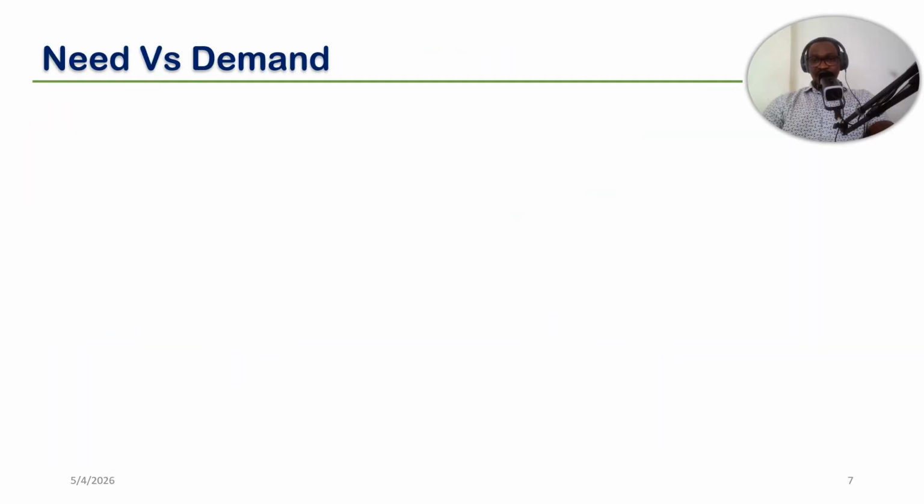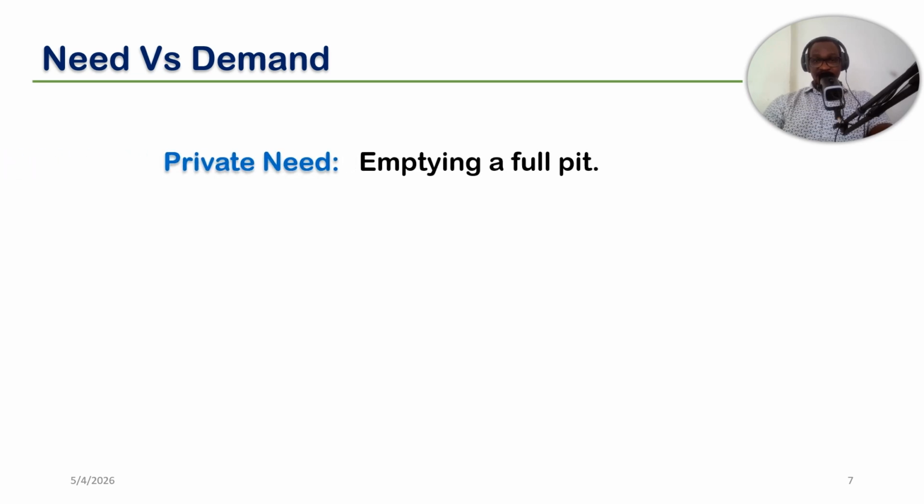Now, let's look at the assessment of need versus demand. Here, private need will always create a high willingness to pay. Take an instance, when your pit latrine is full, you will definitely need to have the problem away. So if a service provider came, you will have that high willingness to accept the services.